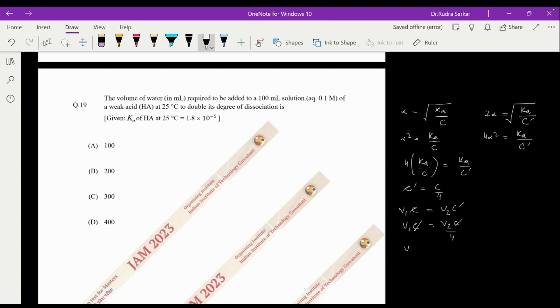So V2 becomes V1 times 4, which is equal to 400 ml, because V1 given to us is 100 ml. So V2 minus V1, which is the amount of water that should be added, will be equal to 300 ml. So the answer over here will be 300.